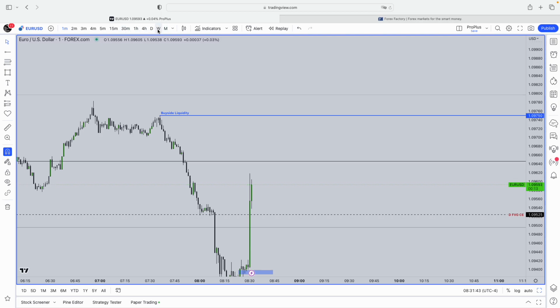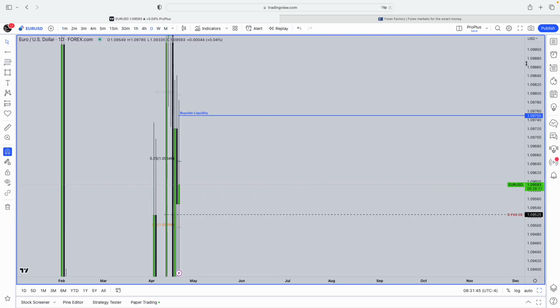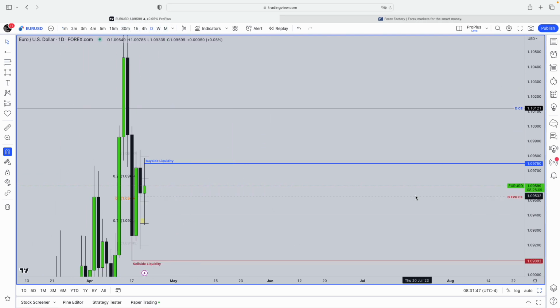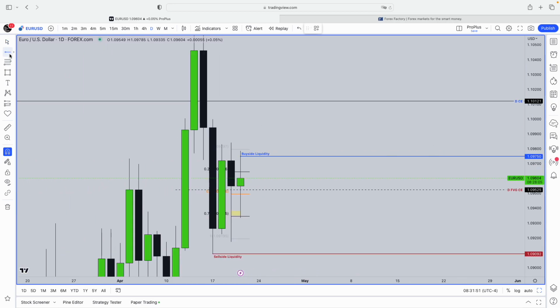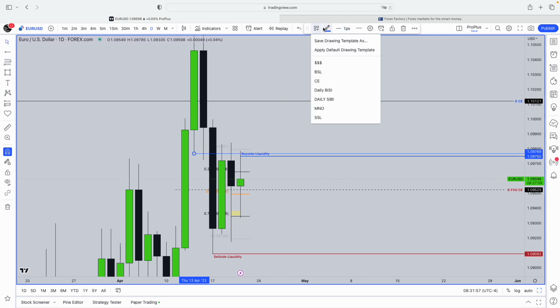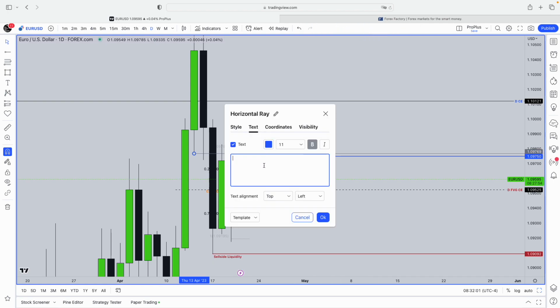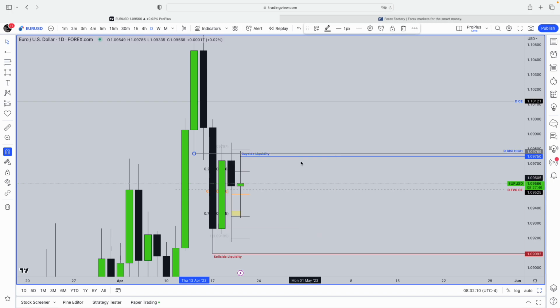If we go on the daily again quickly, just to find that the daily fair value gap high, it'd be here. Let me just make that a different color. Like that.